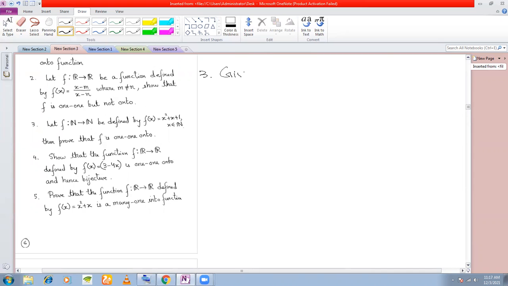So given here, f, the set of natural numbers to the set of natural numbers. The sets A and B here are natural numbers, right? It is defined by f(x) is equal to x square plus x plus 1, where x belongs to the set of natural numbers.